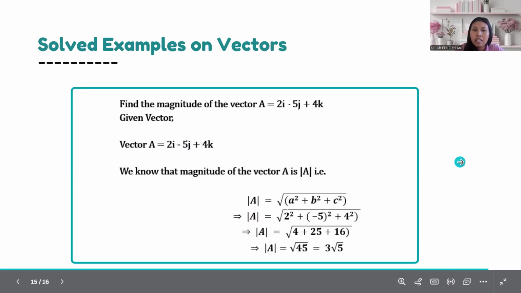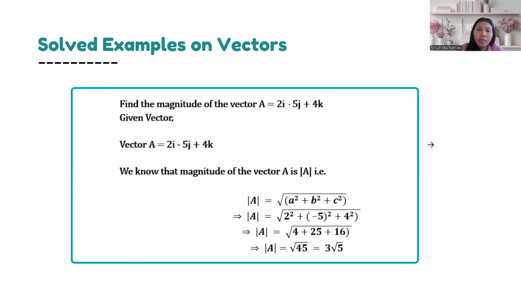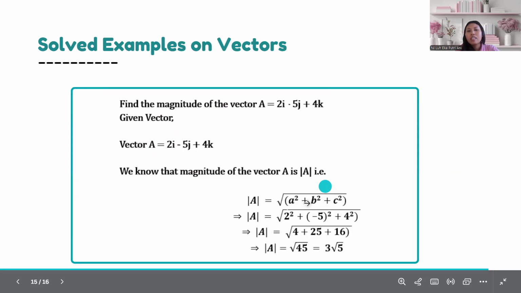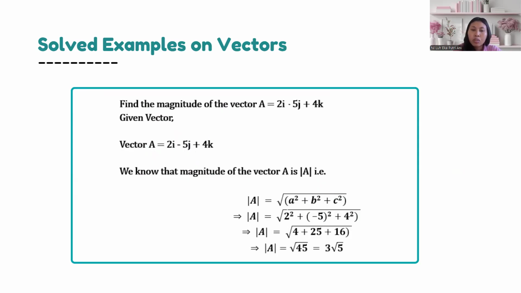Okay, the second example: find the magnitude of the vector A equal to 2i minus 5j plus 4k. Given vector A is this, we know that the magnitude of vector A is the absolute value of A, and we use this formula. The magnitude of vector A is equal to the square root of a squared plus b squared plus c squared.